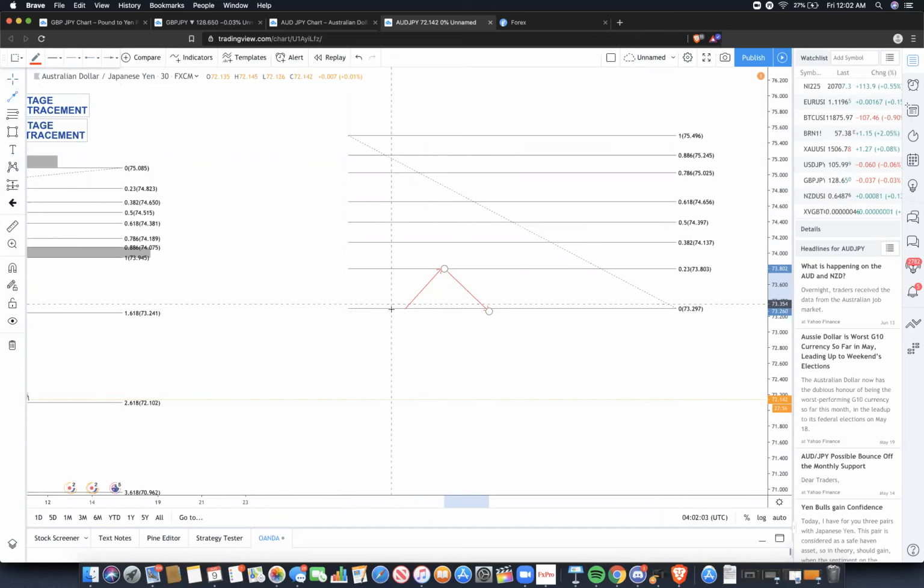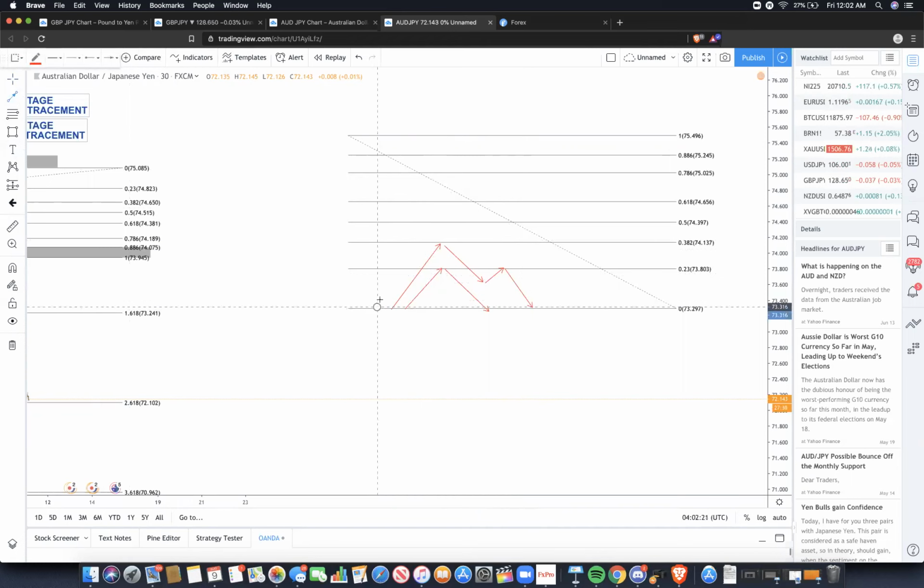If the market shoots up and breaks the 23.6, then because it broke out, if it's a fake out and it can't continue going any higher, it needs to come back and retest. So it's a slower retracement.